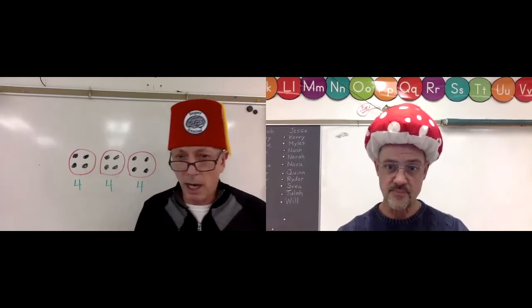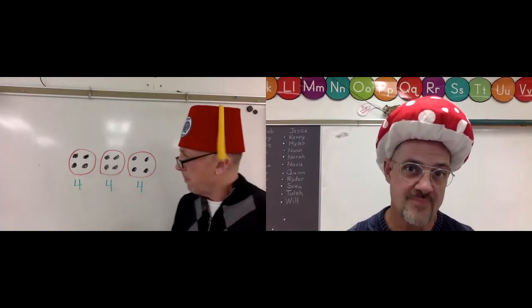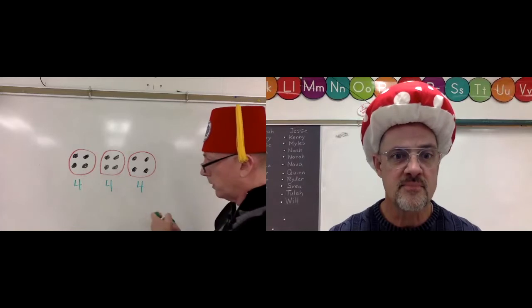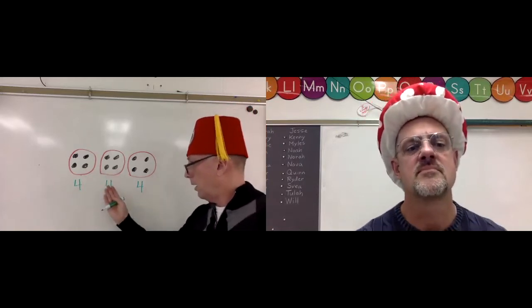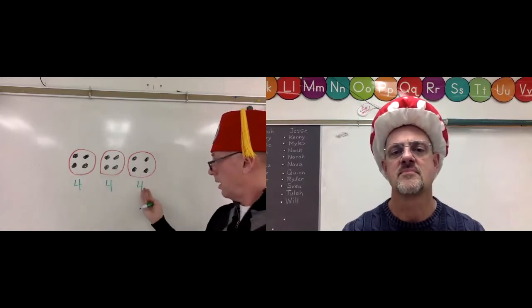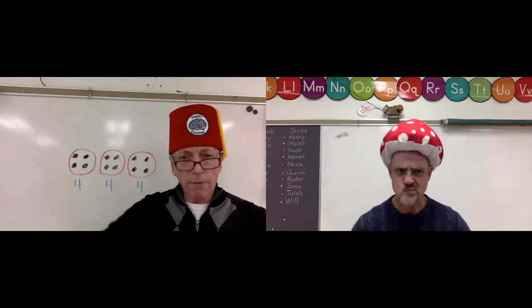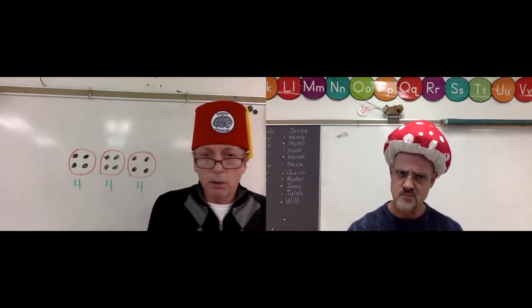Now, Mushroom Guy, you already know a lot about math. Let's see if you can figure out what multiplication maybe is. If I have 4 and another group of 4 and another group of 4, what operation would you use to find out how many there were in all 3 groups?